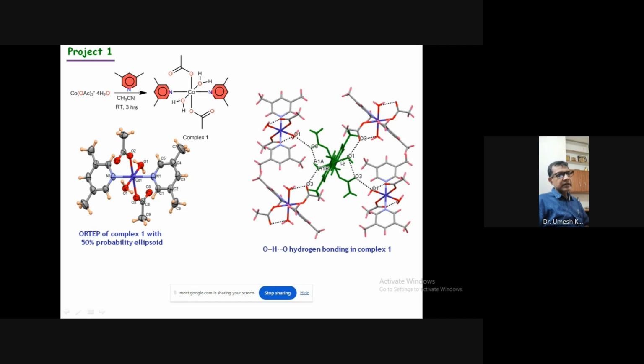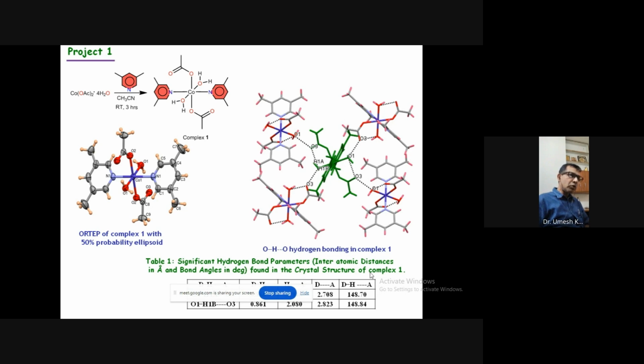They are connected by intermolecular OH hydrogen bonding with the 4 surrounding molecules. These are the hydrogen bond parameters, and they show that this is strong intermolecular OH hydrogen bonding within these molecules.